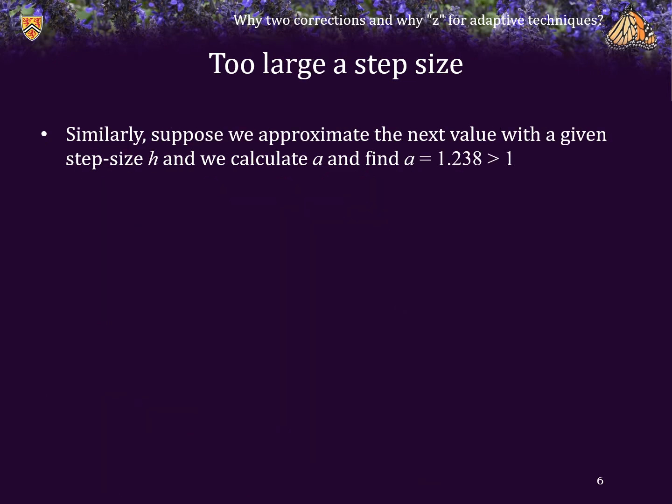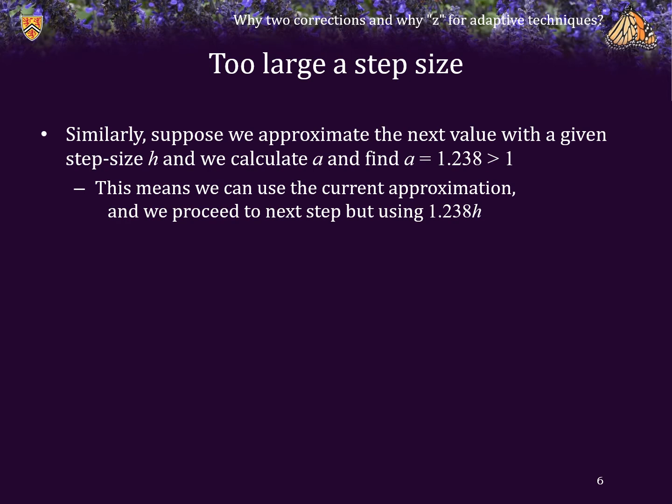Similarly, suppose we approximate the next value with a given step size h, and we calculate the scaling factor a, and we find that a is 1.238, which is greater than 1. Well, that means that the current approximation is good enough, and so we're going to proceed to the next step, but with this next step we will use a larger step size, specifically 1.238 times h.